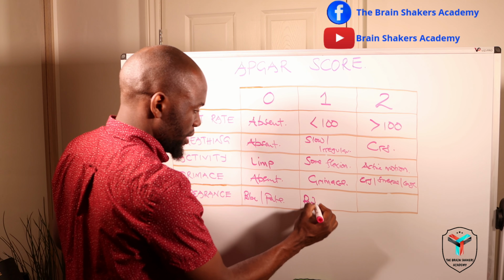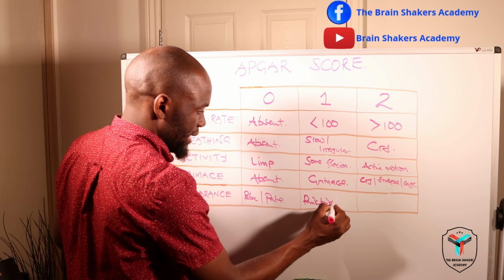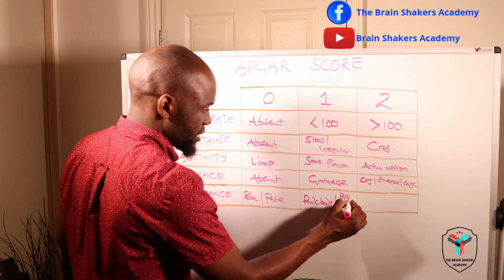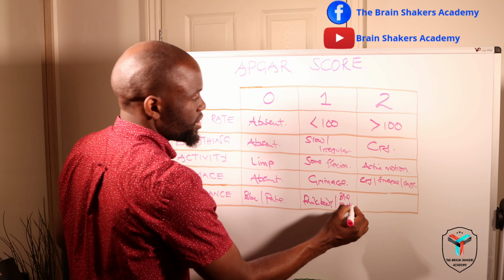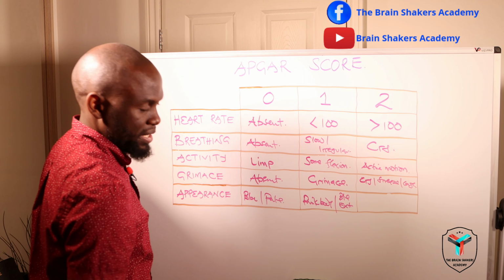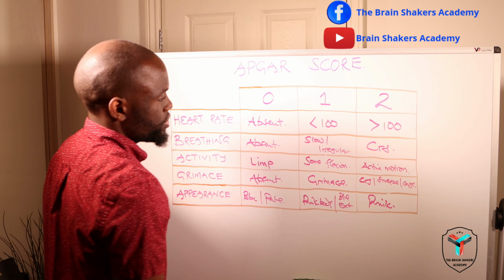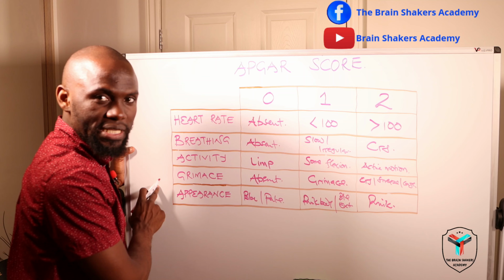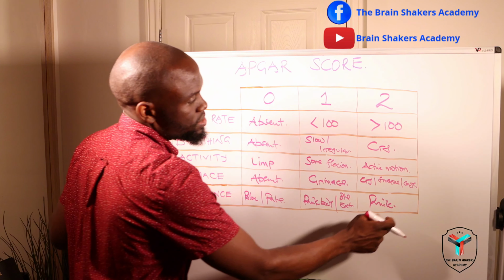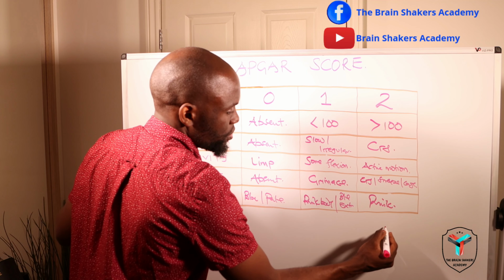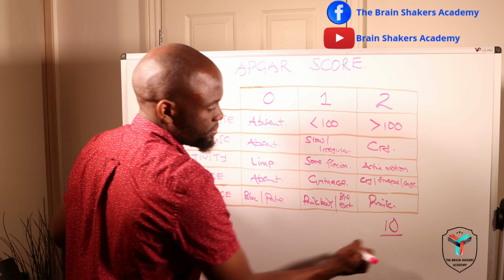So they have a pink body here, and then they have blue extremities, then you will be scoring them a 1. But if they are nicely and completely pink, then they will score a 2. Now, because we have 5 parameters that we're looking at, and the highest score being a 2, then this will give us a total of 10.